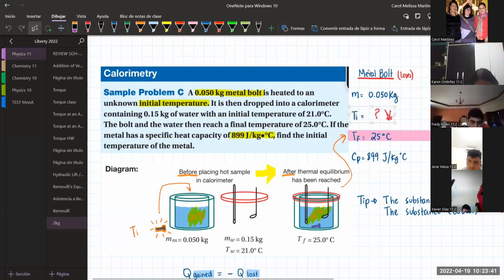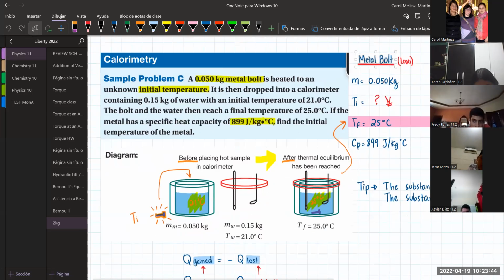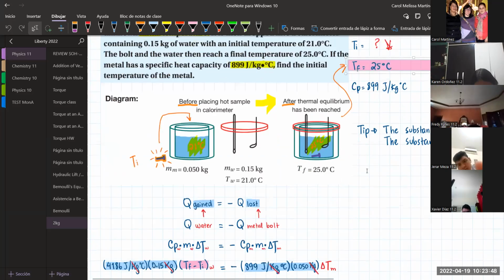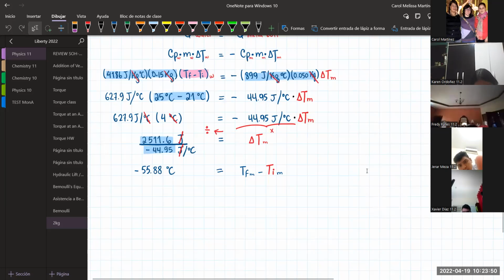But you know the final temperature, that is 25 degrees. So make the corrections. It is equal to the final temperature, that is 25 degrees Celsius, minus Ti of the metal bolt.